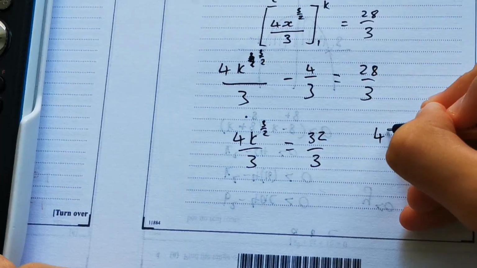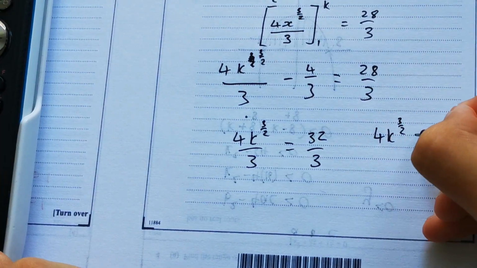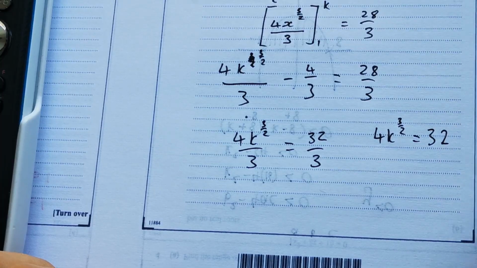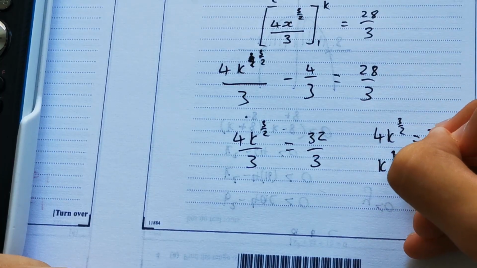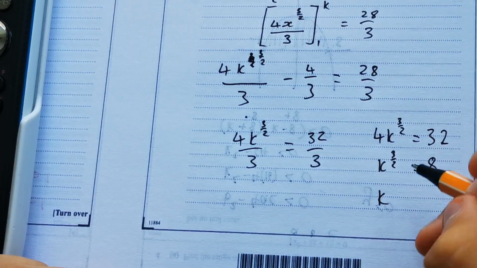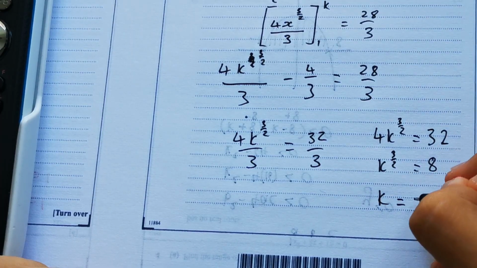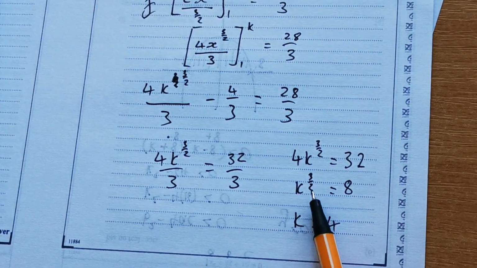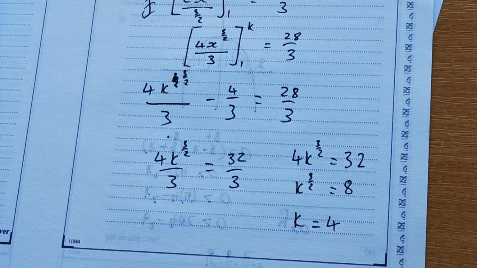You know that 4k to 3 over 2 equals 32. k to the power of 3 over 2 is equal to 32 divided by 4, which is 8. k is equal to 4, because we cube root and square. And that is that question done.